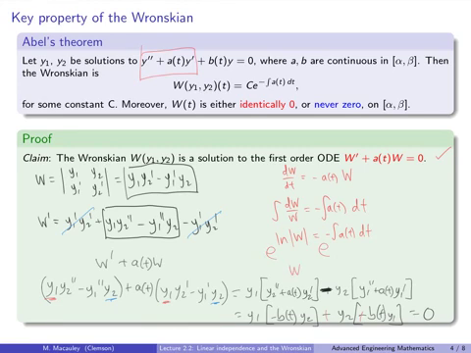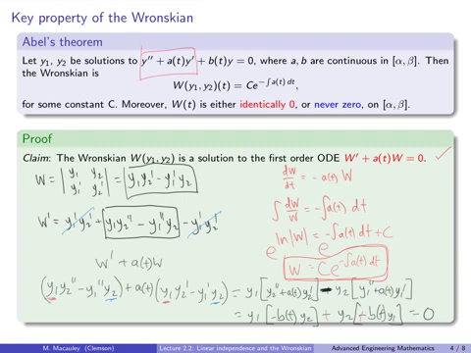I'm going to not write the absolute value signs just yet, and we really should get a c here at some point. So we get c e to the negative integral of a of t dt, and since we put this constant here, which could be plus or minus, we don't need an absolute value sign up here. So here is our solution to this ODE.